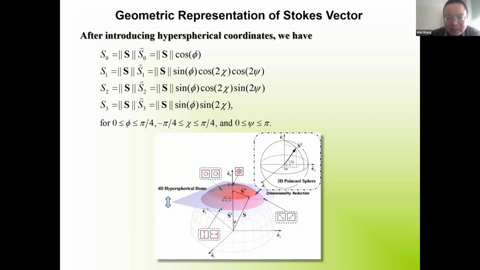By slicing along the E1 axis, we achieve various Poincare spheres with different radii. At the north pole of this hypersphere is the unpolarized light, and the bottom slice gives you the fully polarized light. Each slice gives you a three-dimensional Poincare sphere, and the dome itself represents the four-dimensional hypersphere.